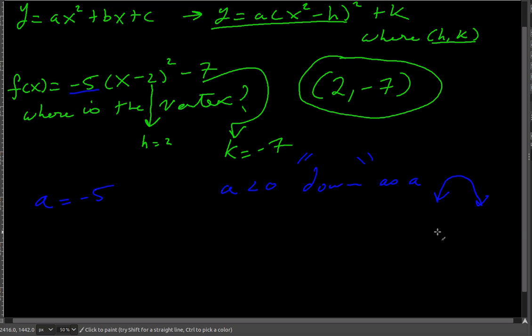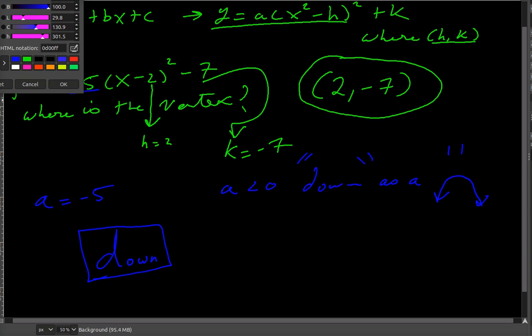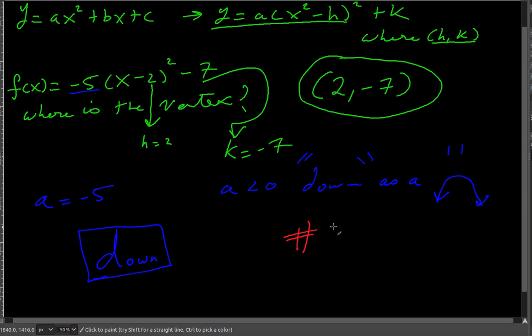So this is downward. All right? Now, if that makes sense to you, that's good, because now you know how to do problem 6. Awesome. So that's problem 6.